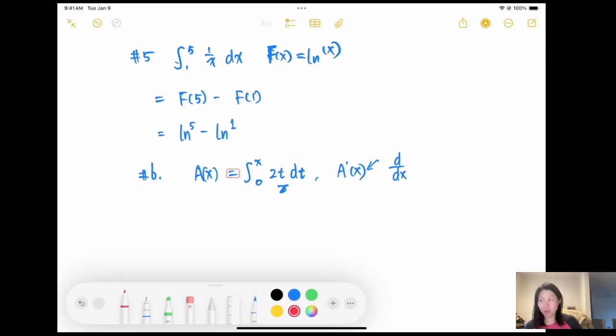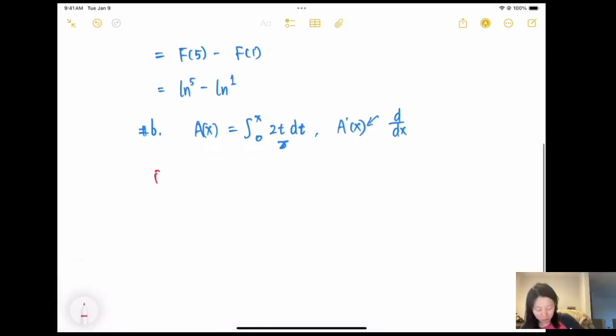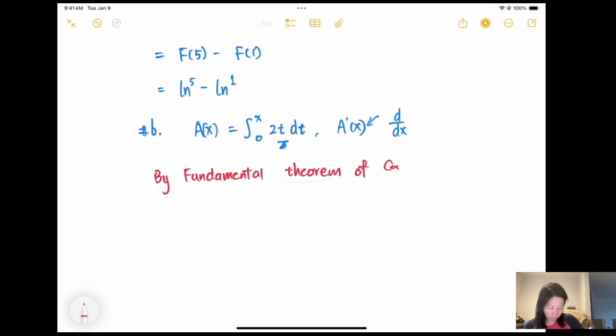By the fundamental theorem of calculus, A prime of x is equal to d over dx, since you're trying to get the derivative at x, of the integral from 0 to x of 2t dt.